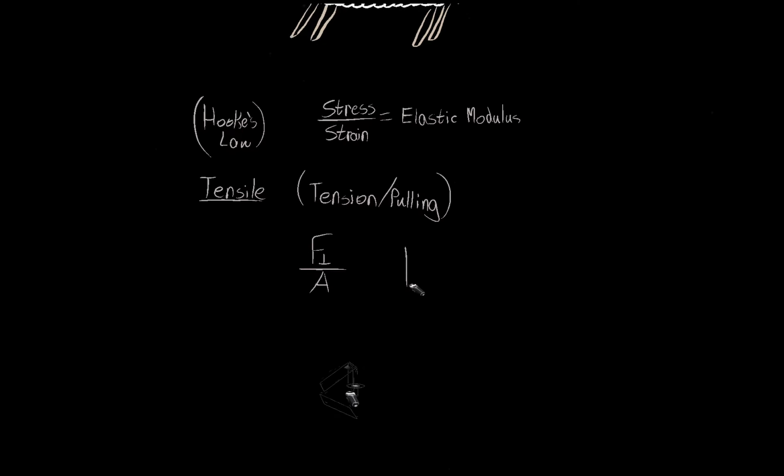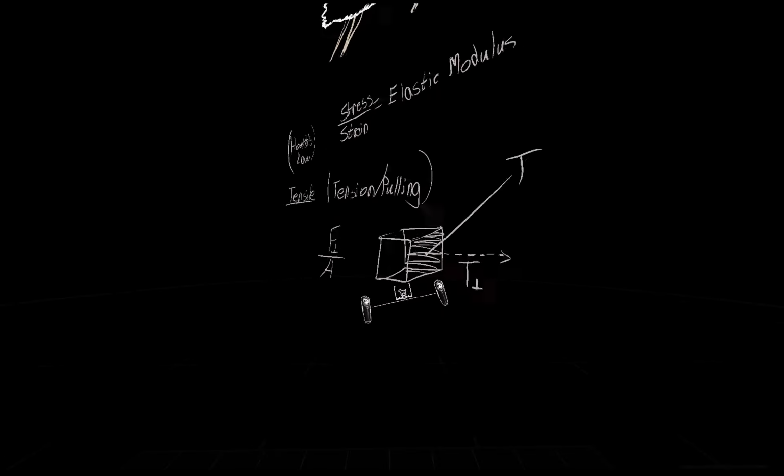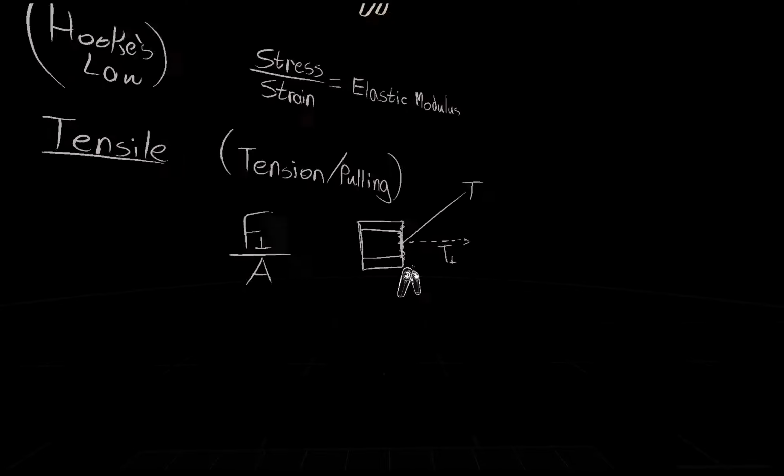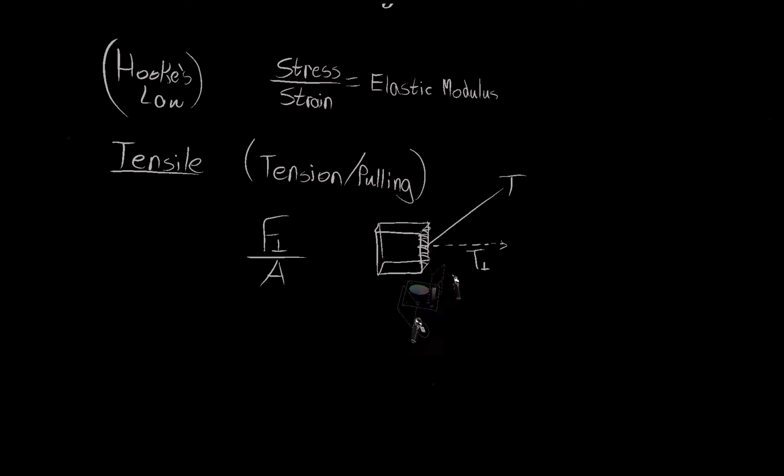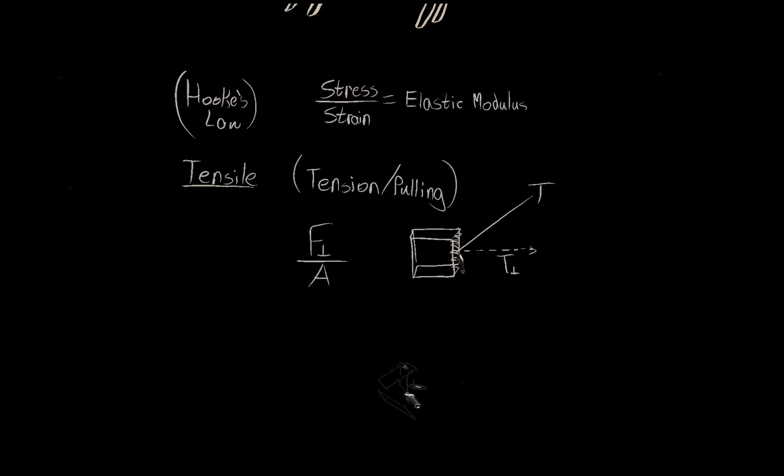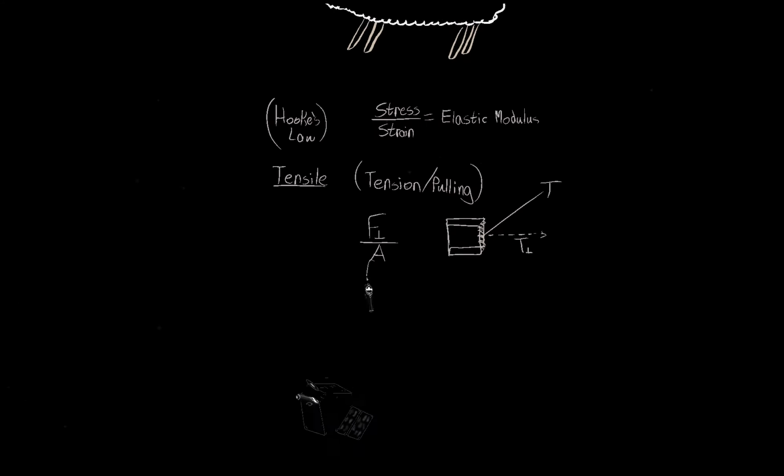So if we have like a cube, and there's some tension force here, and the perpendicular component of that tension force, and then this is the cross-sectional area. So that shows a tension that is perpendicular to that surface divided by the area. That is tensile stress.